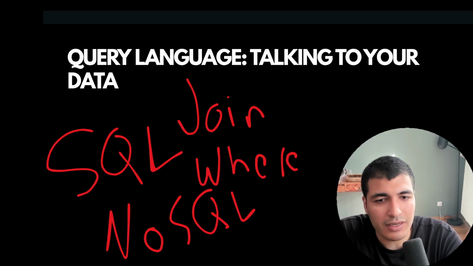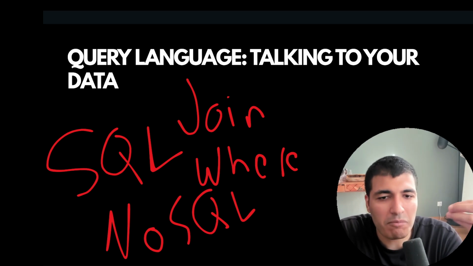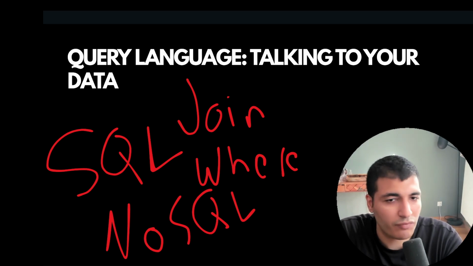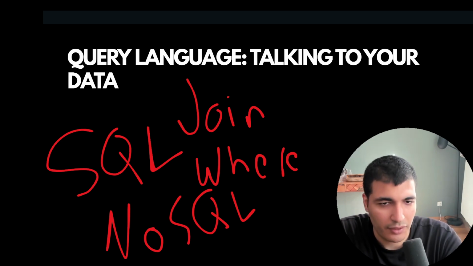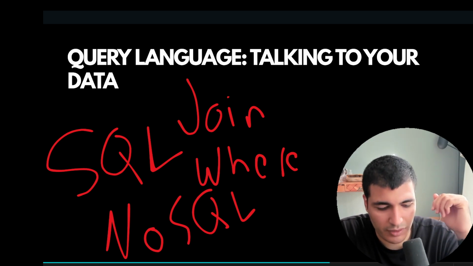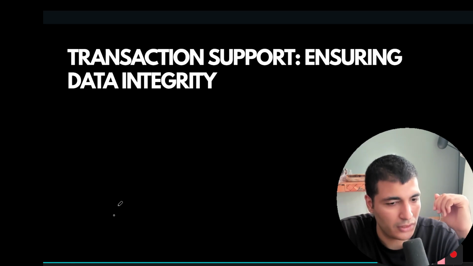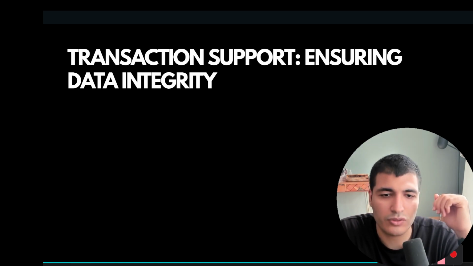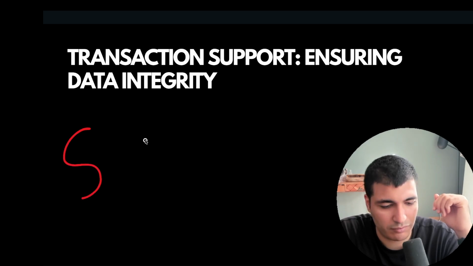The querying capabilities can also vary significantly between different NoSQL types. For instance, querying embedded data in a document database like MongoDB is different from traversing relationships in a graph database like Neo4j. It's really different. Next, we want to talk about transactions. So we'll start with SQL.